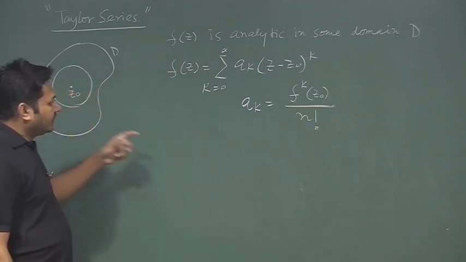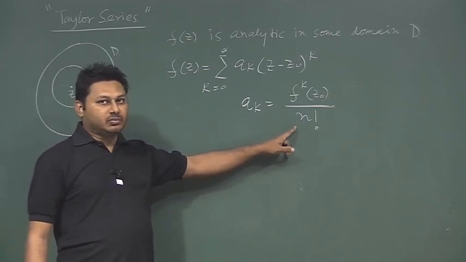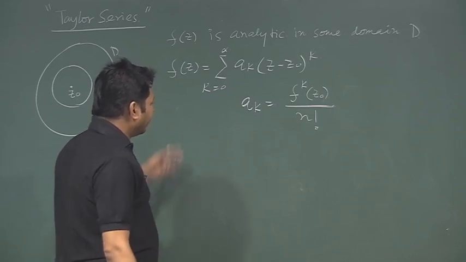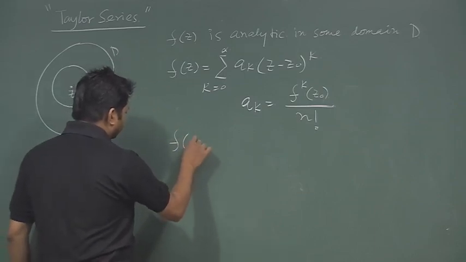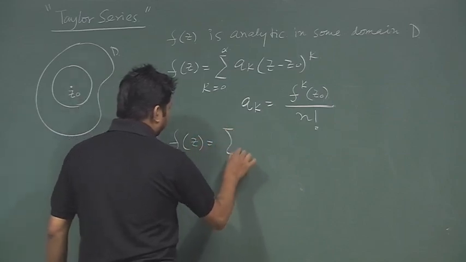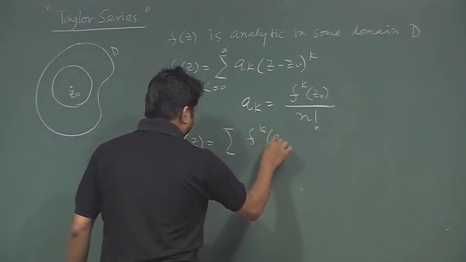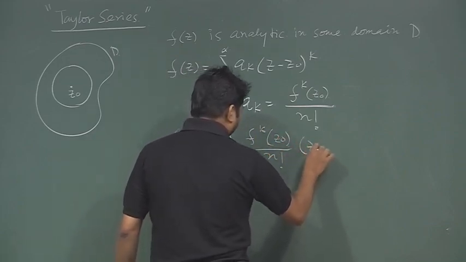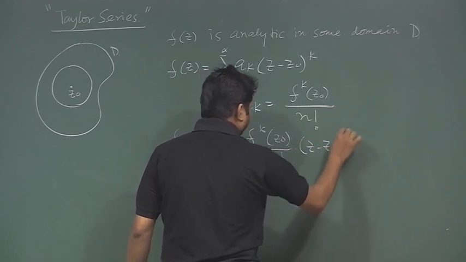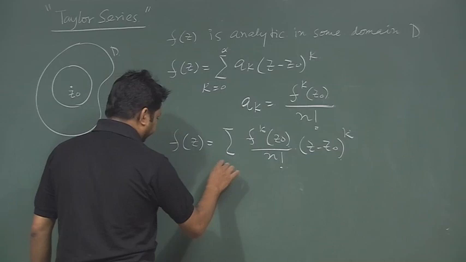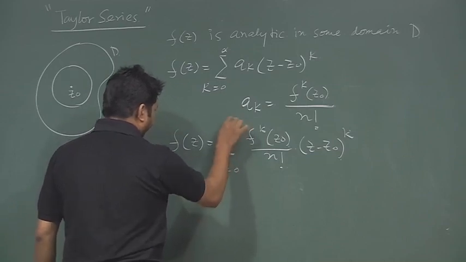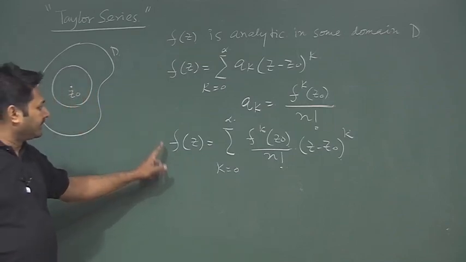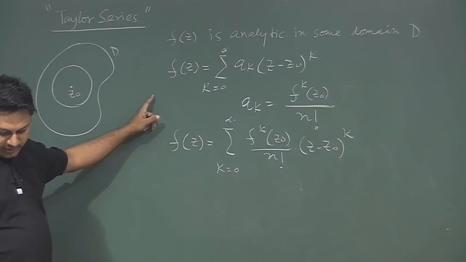So, the characteristic coefficient can be represented in this way. In total I can write that the function f(z) can be represented like this. This is the statement of the Taylor series, whatever the series we have.